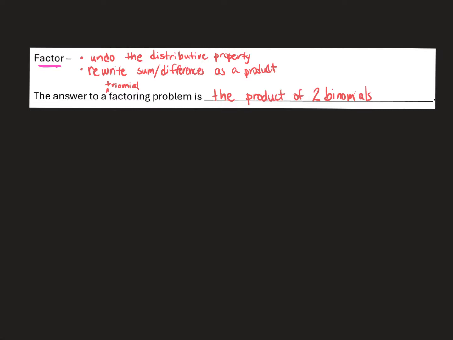And the answer to a trinomial factoring problem is the product of two binomials. That's where I got the sum or the difference, because a binomial is two unlike terms added together, and they can also be subtracted from one another. So the answer is going to be the product of two binomials if you're factoring a trinomial.